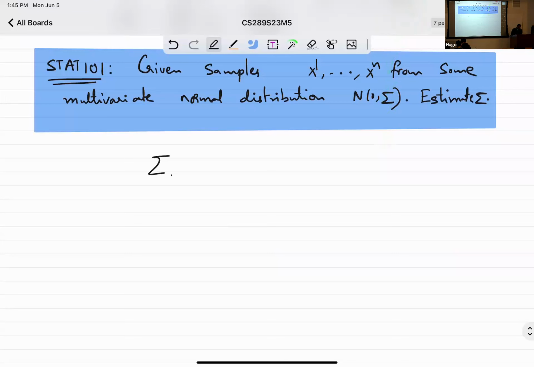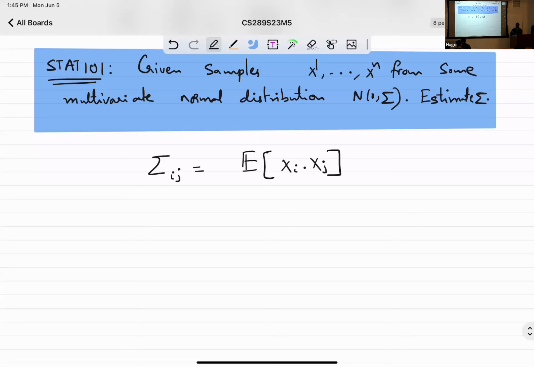We know sigma_ij is the expectation of x_i times x_j. But if you want to estimate it, what can I do? You just take a calculator for each point. Exactly. You're getting samples from something and you want to estimate some average.